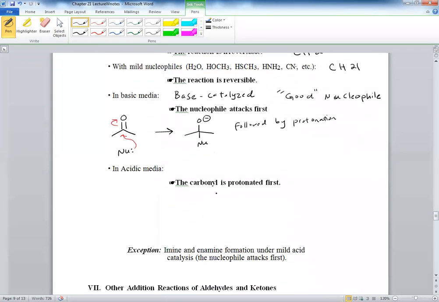In acidic media, we said the carbonyl is protonated first. We have hydronium ion. So this is an important pattern for you to recognize the difference between acid catalyzed and base catalyzed reactions.